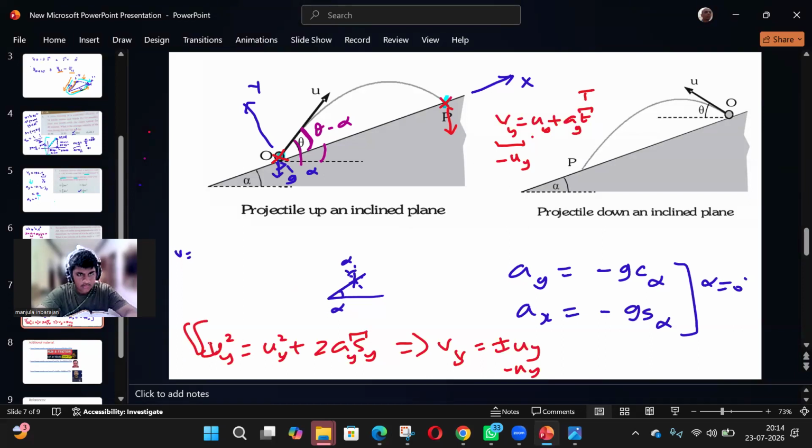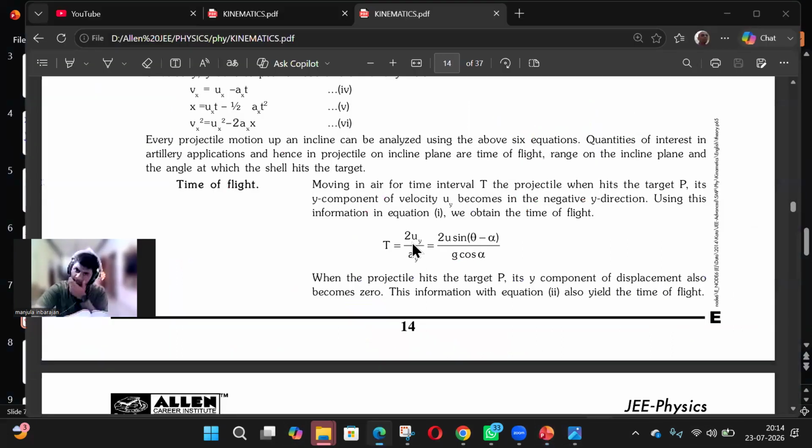So from this I get minus 2 times uy divided by ay is the flight time. So 2 times the y component divided by the acceleration component.